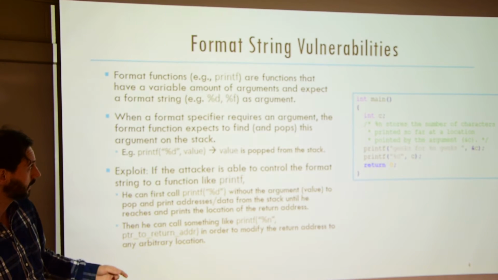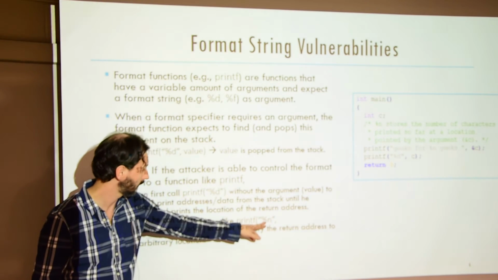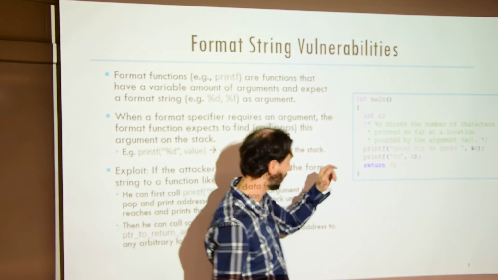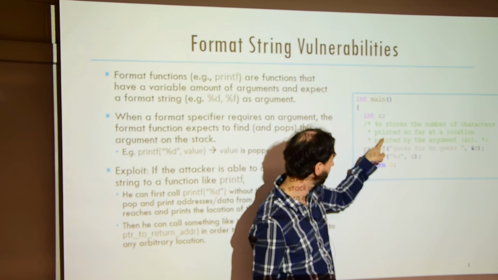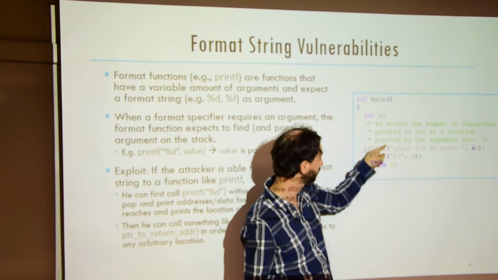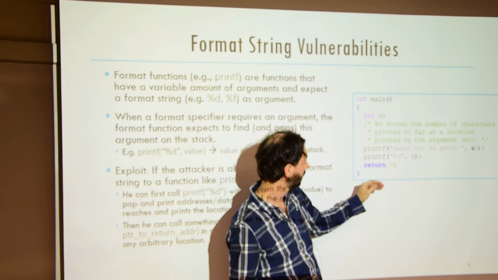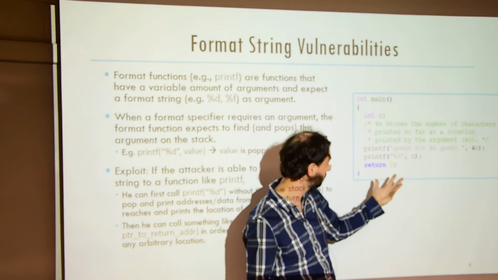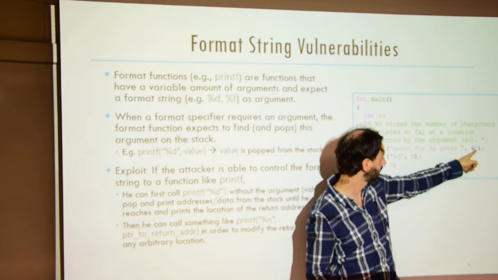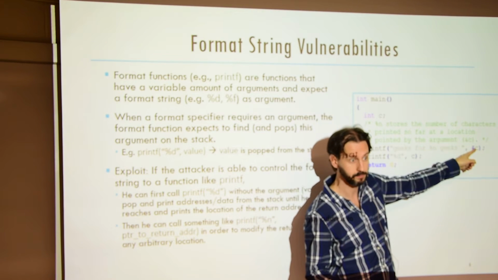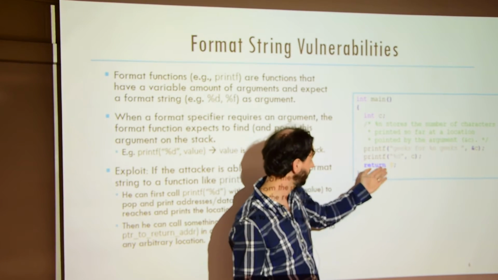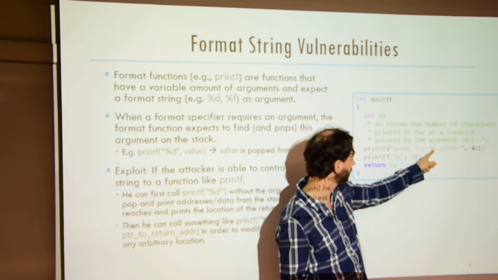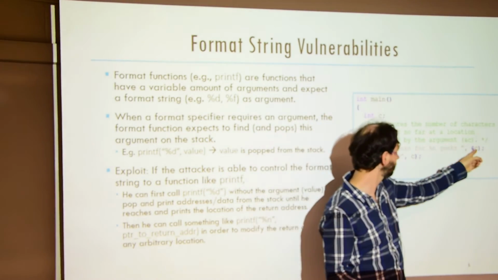Or in this particular case, if we have a percentage n, which is a very special type of command, it says it stores the number of characters printed so far at a location pointed to by the argument, right? So if you're a bit familiar with pointers, then this language explains to you that this actually retrieves something that is then being stored in there.